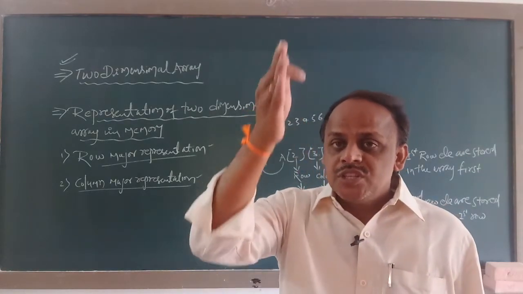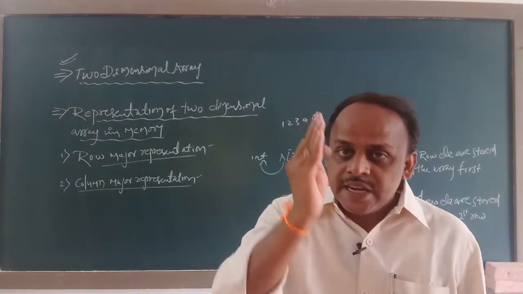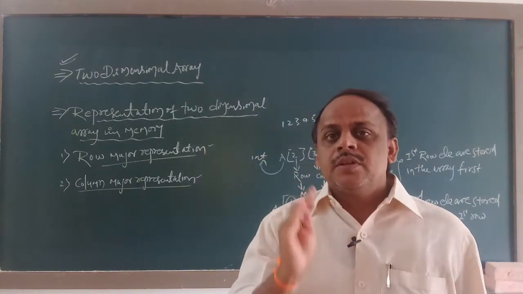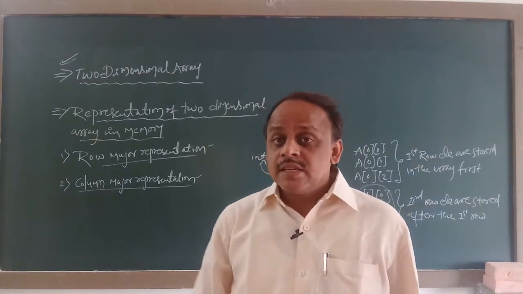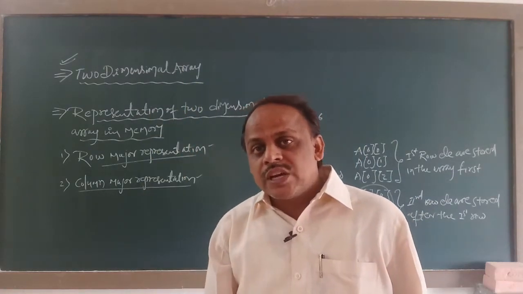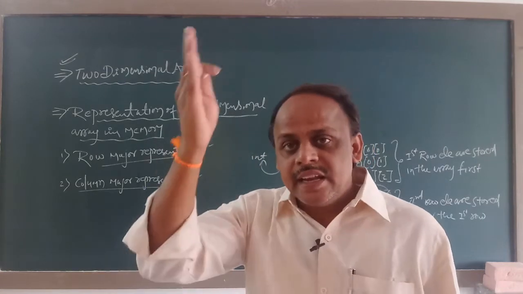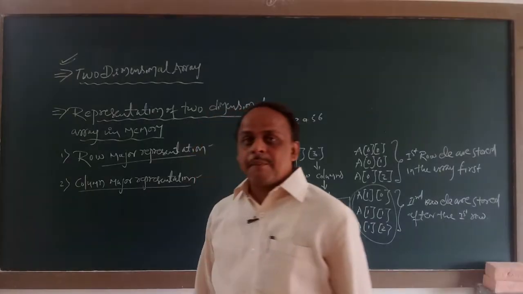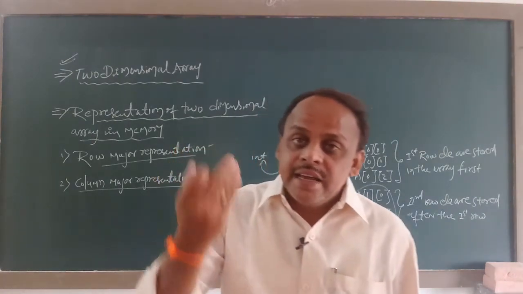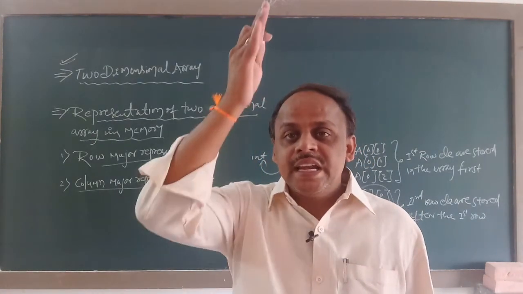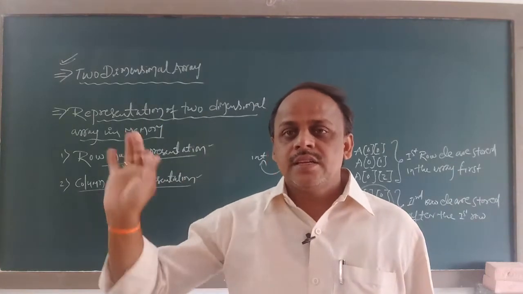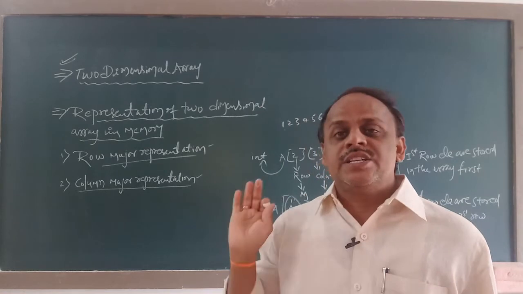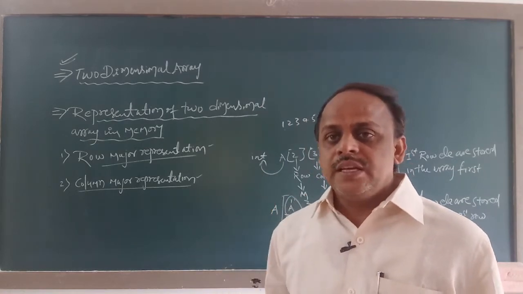In the first column memory locations, the first entered elements are going to be stored. After filling the first column memory locations, in the second column memory locations, the next entered elements are going to be stored. It is very simple. Column major representation means entered elements are going to be stored column wise, in column wise memory locations. That is very easy, right?